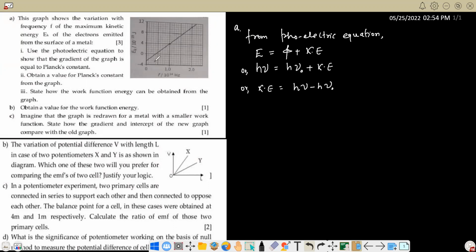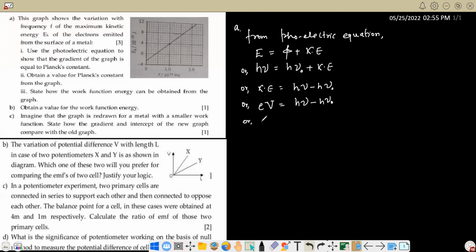So if kinetic energy is given to us, then this is a constant parameter. This quantity, if we simplify it in one line, what we can obtain is: kinetic energy is related to velocity, and we can simply write eV, the stopping potential, which stops the kinetic energy, equal to h nu minus h nu naught.